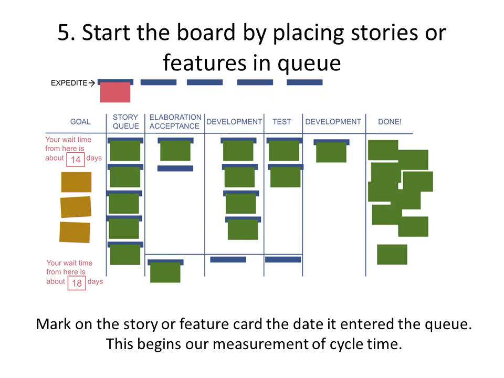So start the board by placing stories or features in the queue, which is basically the second lane. You see, the first one is the goals, the second lane is the queue, and you mark the date, or rather the product owner marks the date on which they expect each of those to be picked up and pulled.